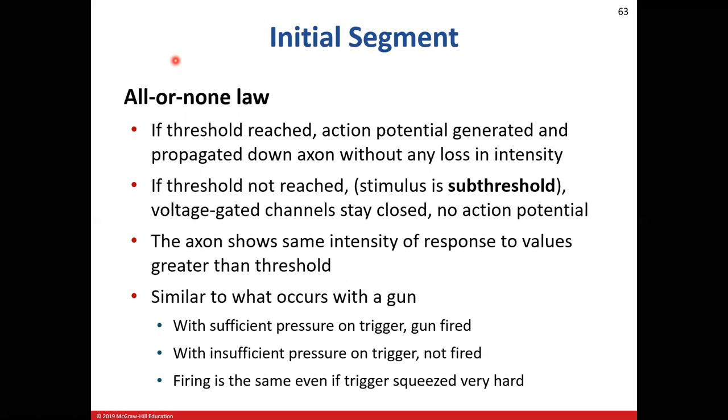And it doesn't matter whether you squeeze it really soft and reach the threshold, or you squeeze it really hard and reach the threshold, the firing is still the same. Gun still fires, bullet still comes out. It doesn't matter whether you pull it relatively slow to get to that point, or you pull it really quick and hard.